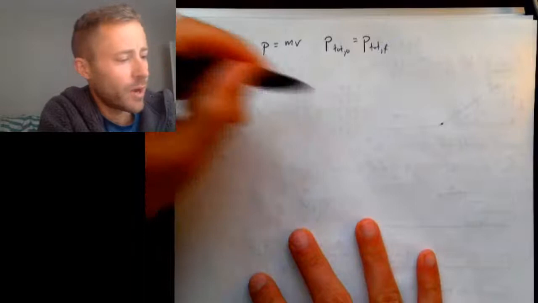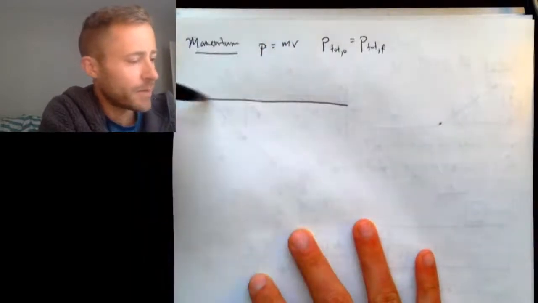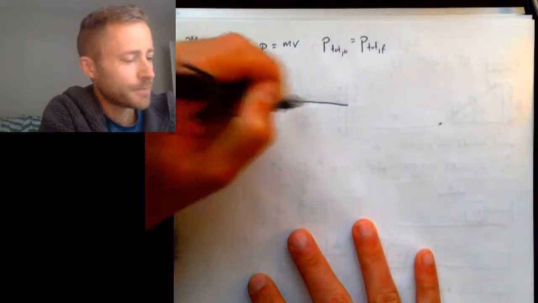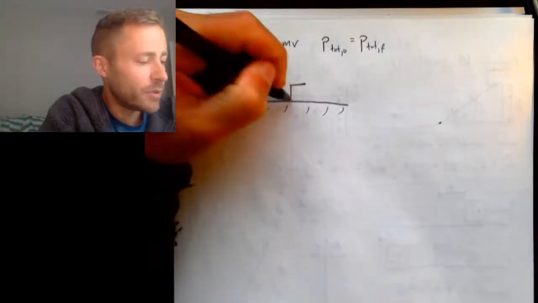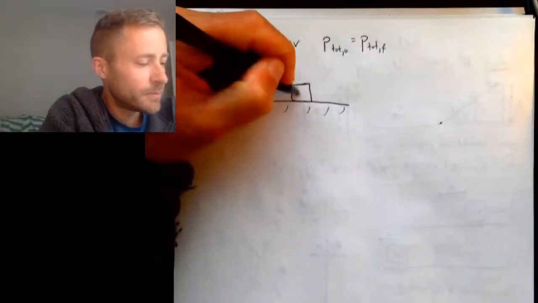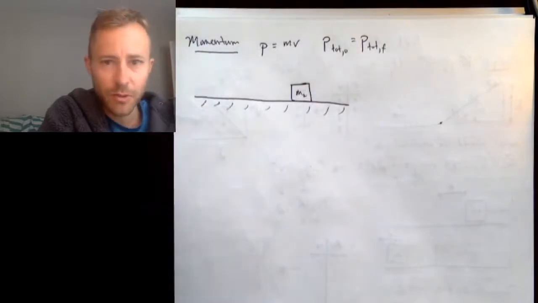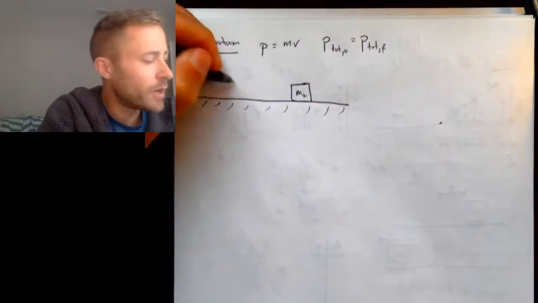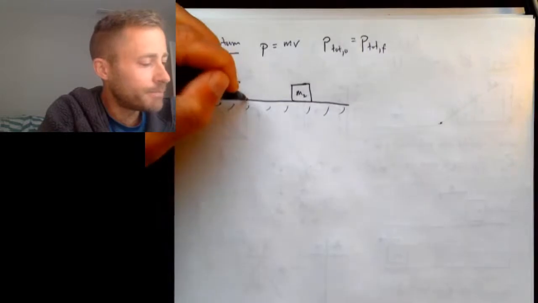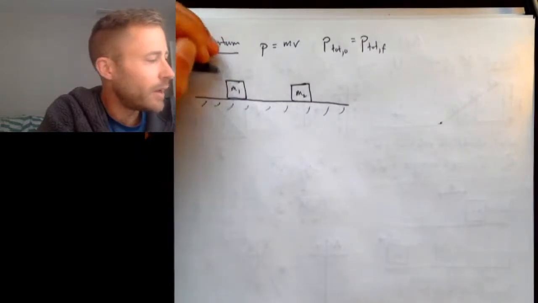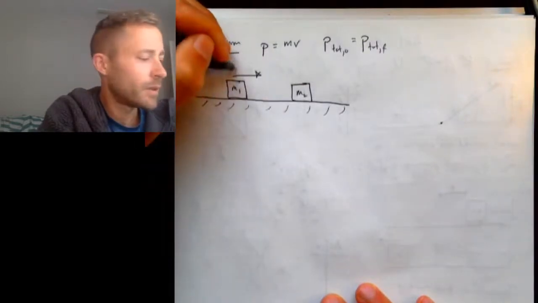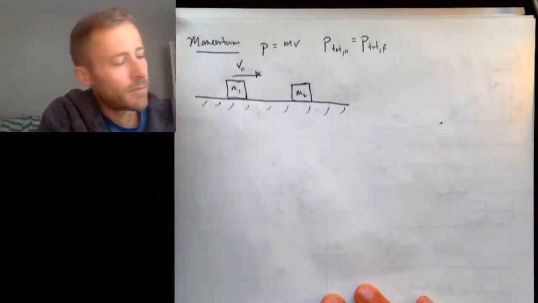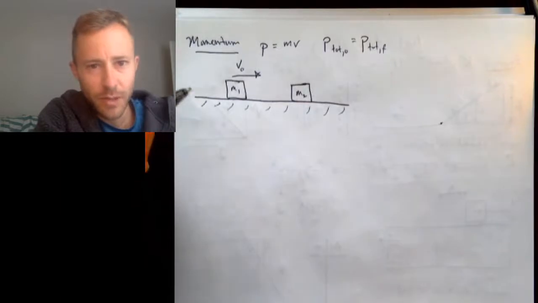Here's a possible experiment you could do. You have a mass m2 that is at rest. Then we have a mass m1, and we slide it to the right with an initial speed v naught.